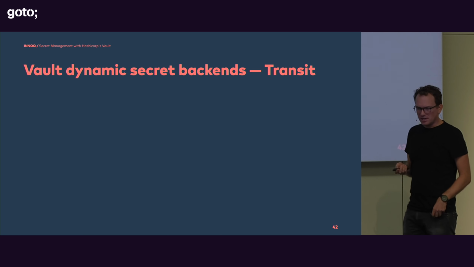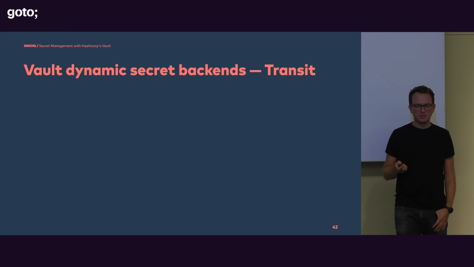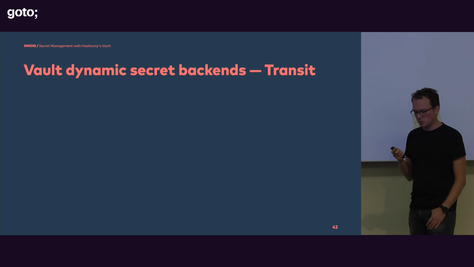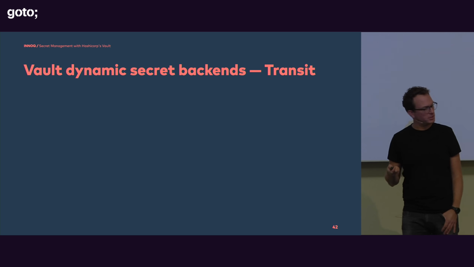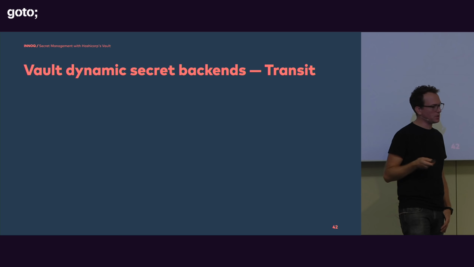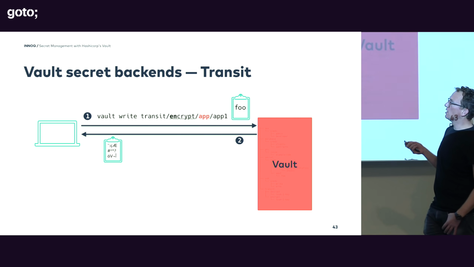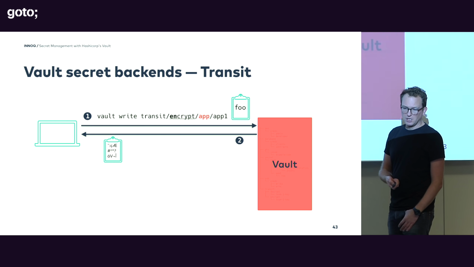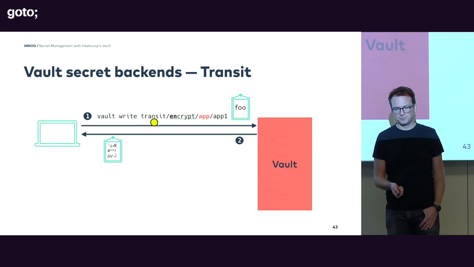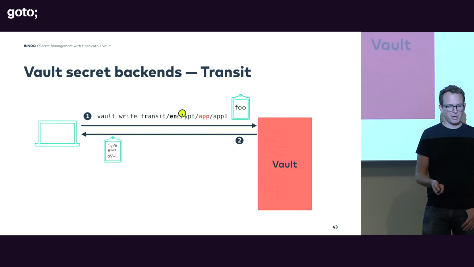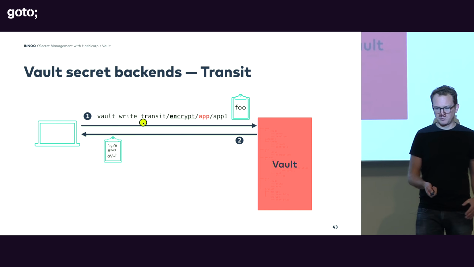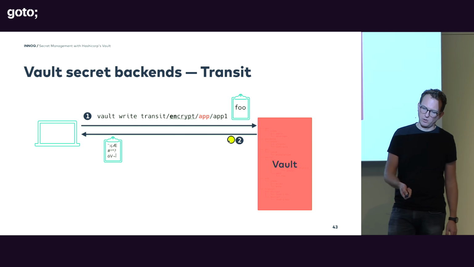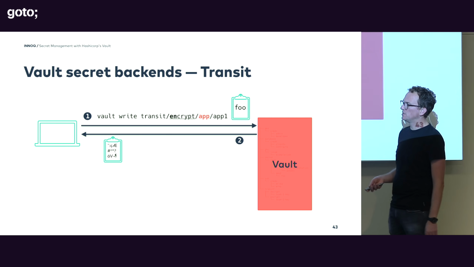And then finally, the last secret backend I want to talk about is Transit. So if you want to encrypt or decrypt documents without storing anything in Vault, Vault has you covered there as well. You just have to activate the Transit backend, and then you can post a document to Vault, and Vault will return the encrypted document.